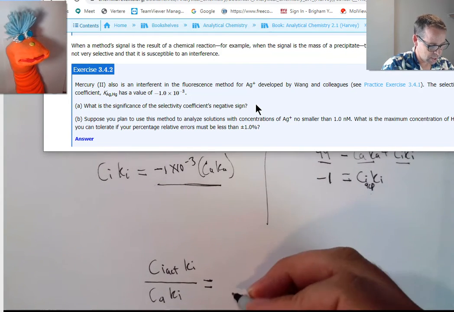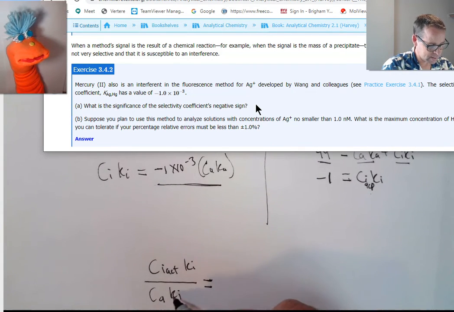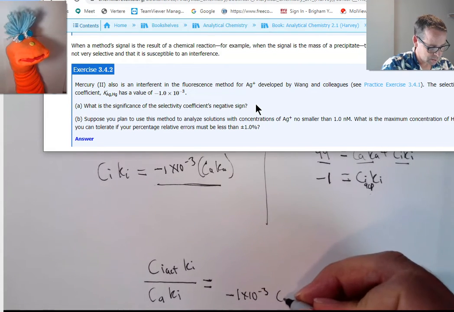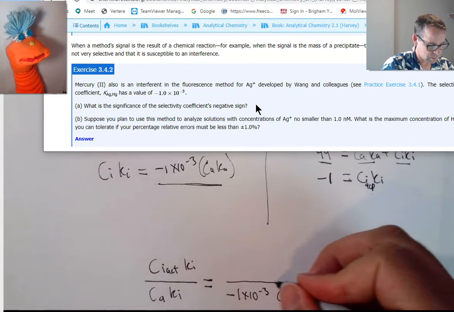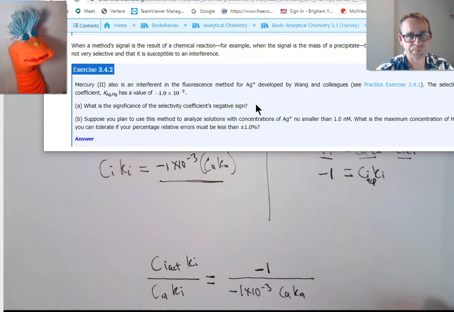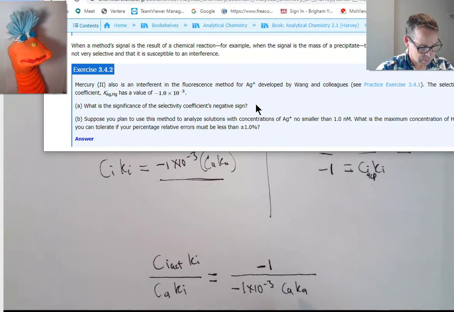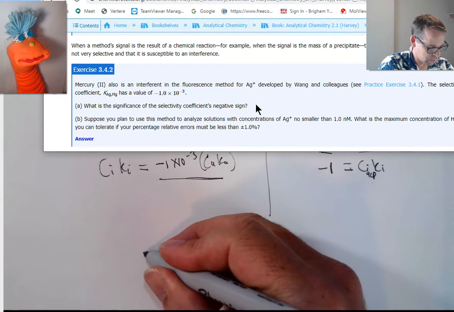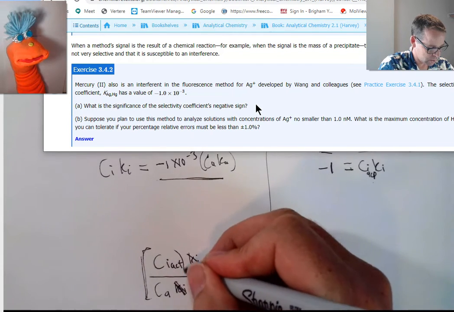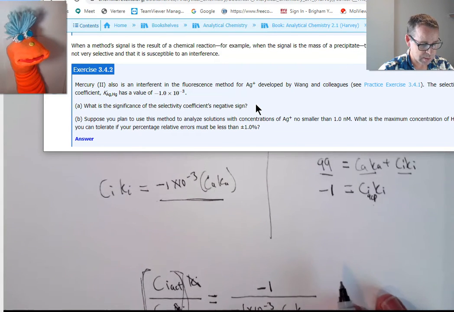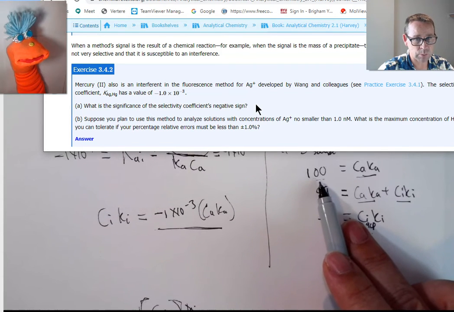Okay, so I got this is the information on the bottom, -1 times 10 to the -3 CA KA, and that's all under this value here, which is -1. All right, and also these KIs cancel out over here, so we're solving for our acceptable ratio here, and this CA/KA here is going to be this 100, right?